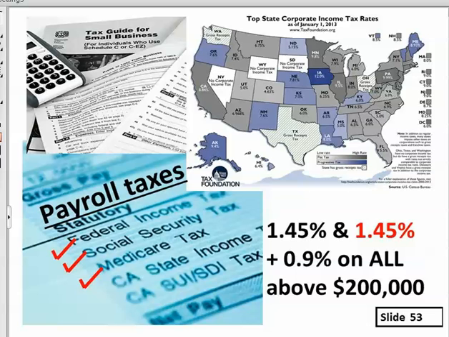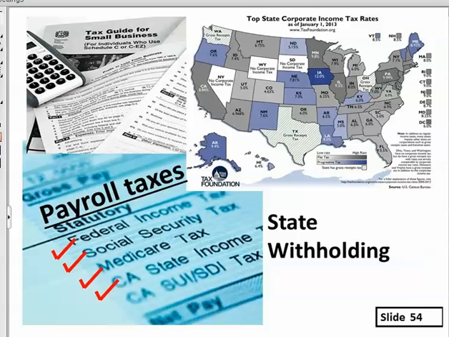So once the employee has made $200,000 in pay, and you've contributed your 1.45% of that, and they've contributed their 1.45% of that, from then on, no matter how much they make, they have to contribute 0.9%. You don't have to contribute anything for people making over $200,000 a year. Now, you're not going to have a lot of employees in that category unless you're a really, really big corporation.